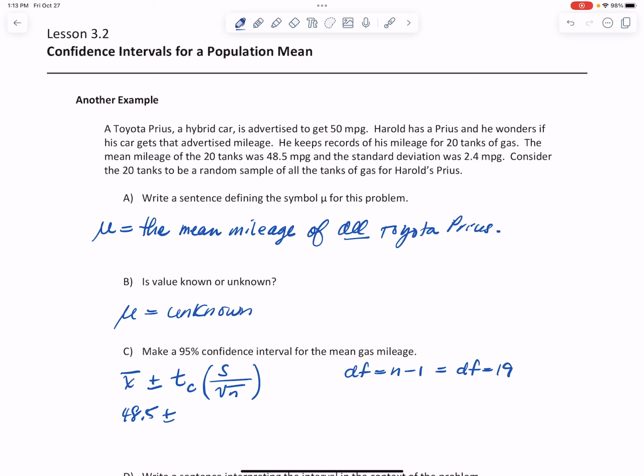So what I'm looking for is the t-value for 19 degrees of freedom, and we'll find that here in a second. Then I'm going to multiply by the sample standard deviation, which is 2.4, and divide by the square root of the sample size, which is 20.